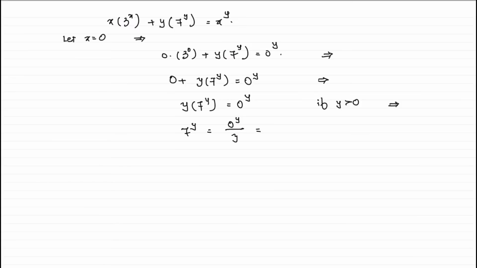That is equal to 1 by y into 0 to the power of y. But by seeing this, we may be tempted to answer that y is equal to 0, for which this equation will be compatible.